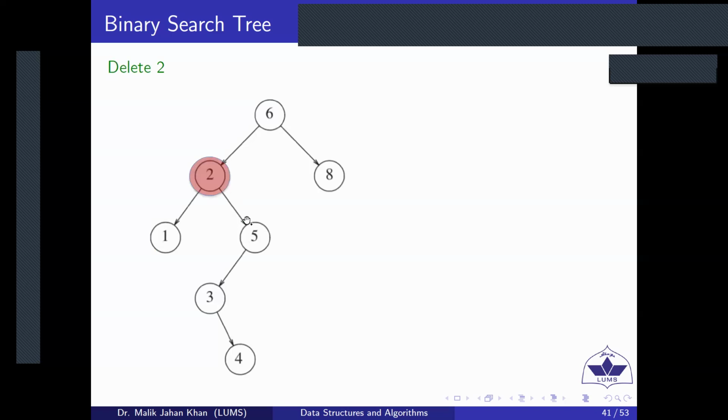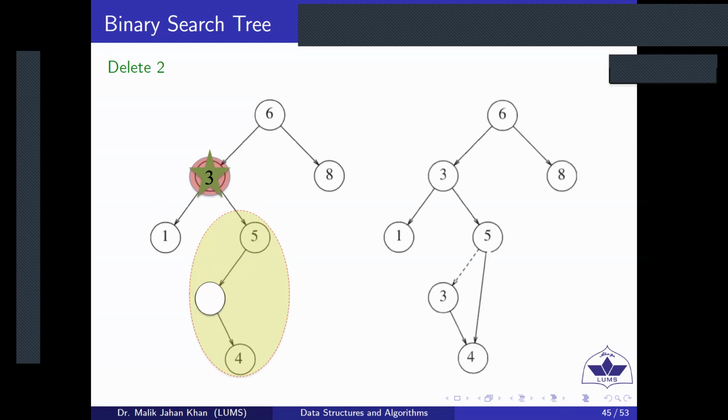So in the right subtree, which is rooted at 5, the smallest element is 3, which means that we'll go one step towards right, and then we'll keep on trying to move to the extreme left. So there's nothing further left on 3. So this 3 has to be somehow located, because this is the smallest element in the right subtree of 2, and it gets swapped over there.